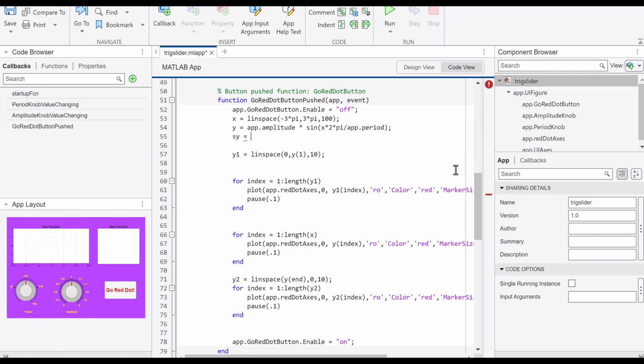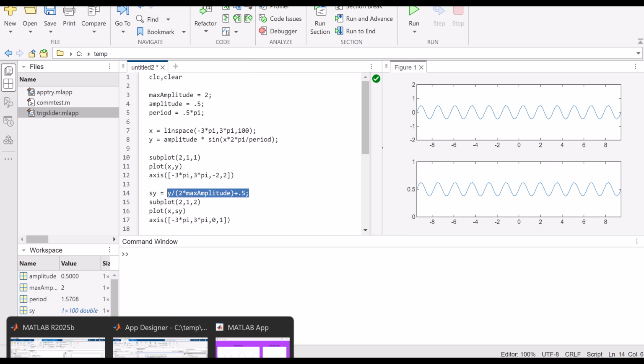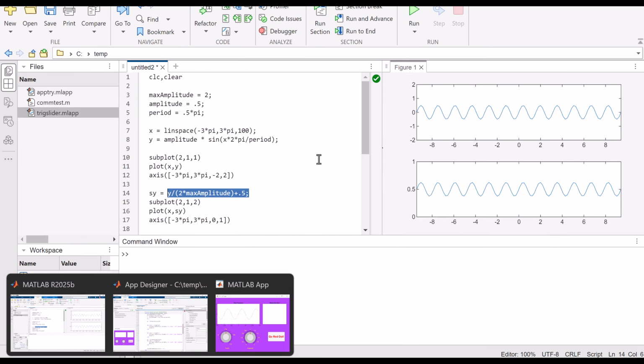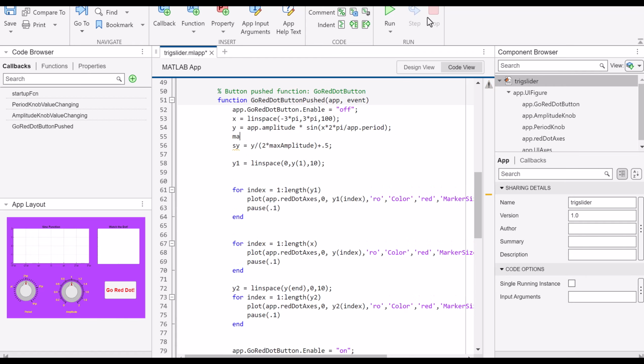So my servo y is going to be, I already forgot what I said. My servo y is going to be this thing. And I haven't defined max amplitude anywhere, so I'm just going to put it in here. Max amplitude is 2.